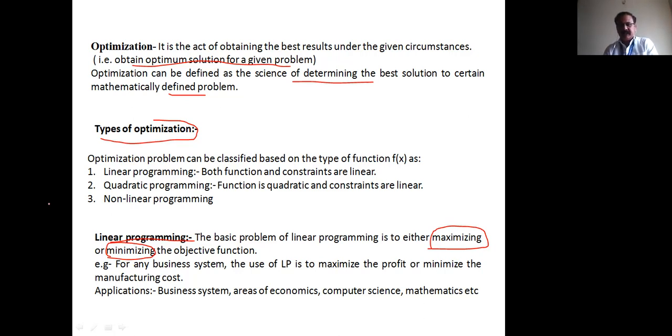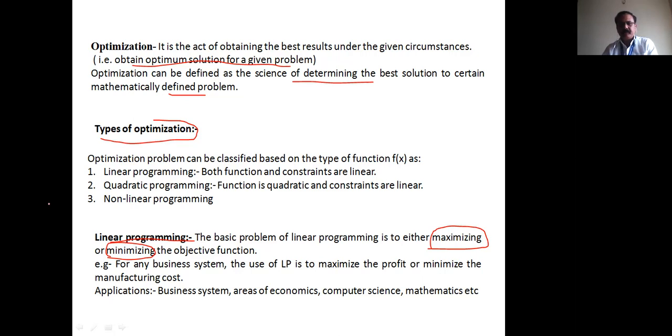Now, if we consider a simple example of any business system or manufacturing firm, then it is obvious that for any business system or manufacturing firm, it is desirable to achieve the maximum profit or to minimize the manufacturing cost or the production cost or the production time.